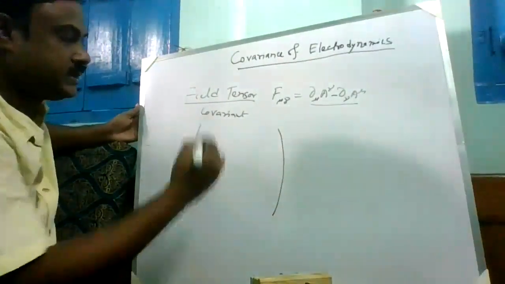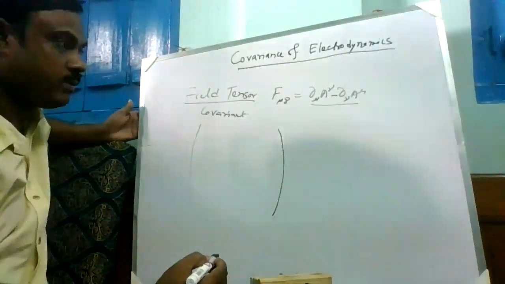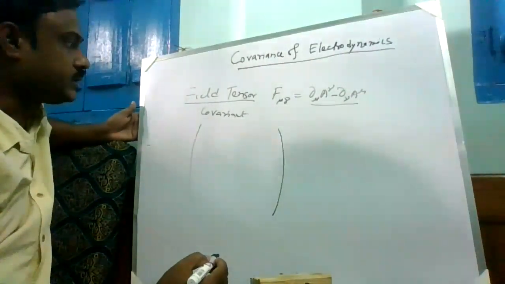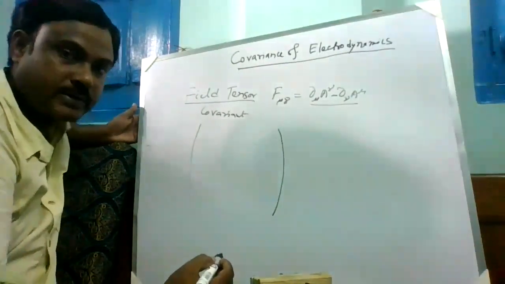Not all tensors can be written in matrix form, but a 4 by 4 tensor of rank 2 can be.